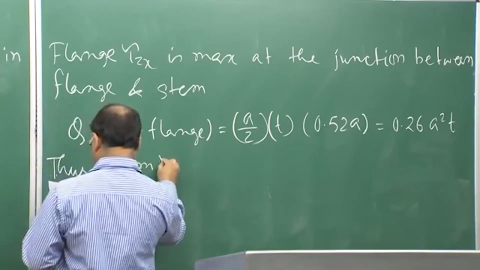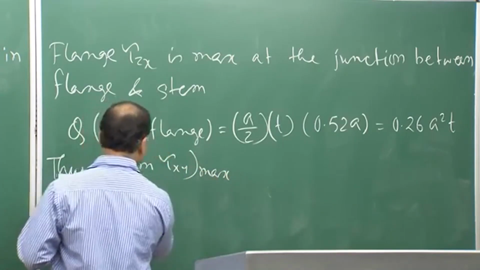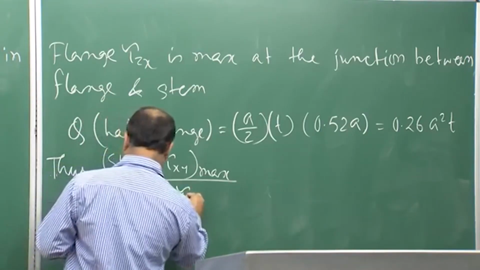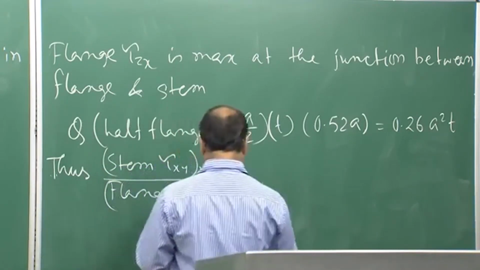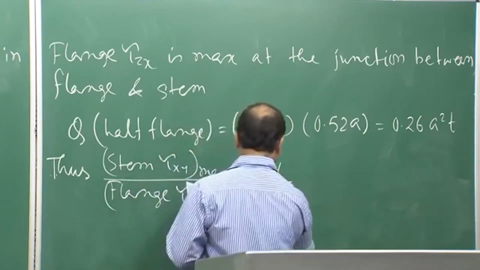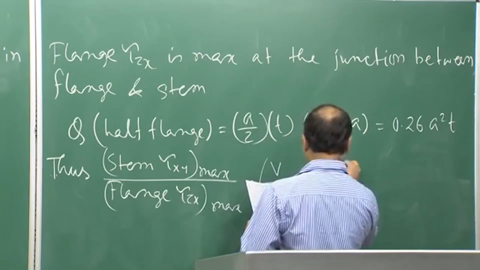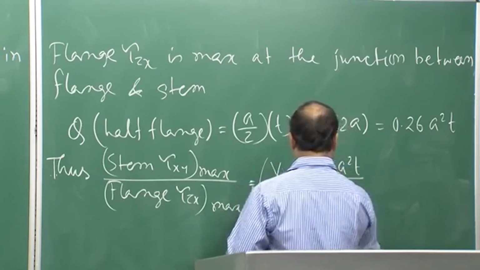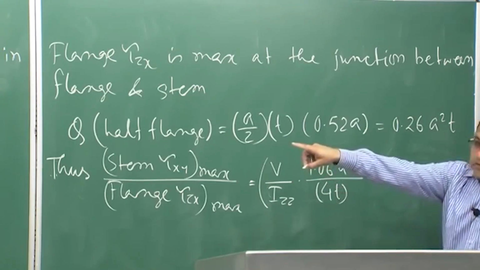Thus, stem tau xy max by flange tau zx max is equal to V by Izz. V is constant, Izz is constant, 1.06 a square t by 4 t, Vq by Ib. Ib means thickness is 4 t.